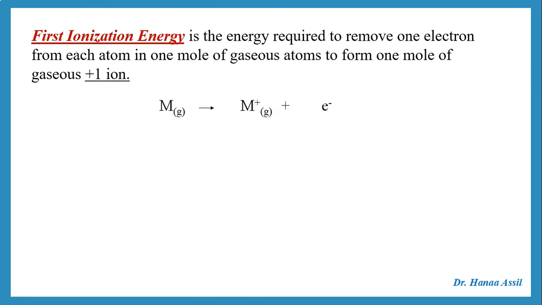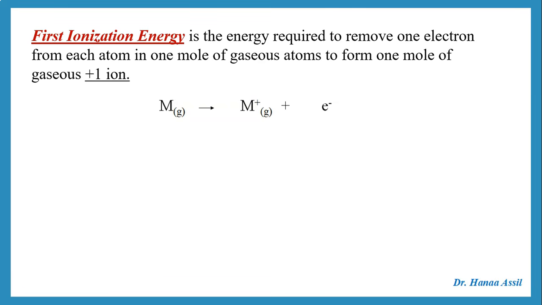What does that mean? First of all, I am removing the electrons from gaseous atoms. So the atom must be in the form of a gas. Now, what am I doing? First ionization energy, that means I'm removing the outermost electron from the atoms to form a plus 1 ion.